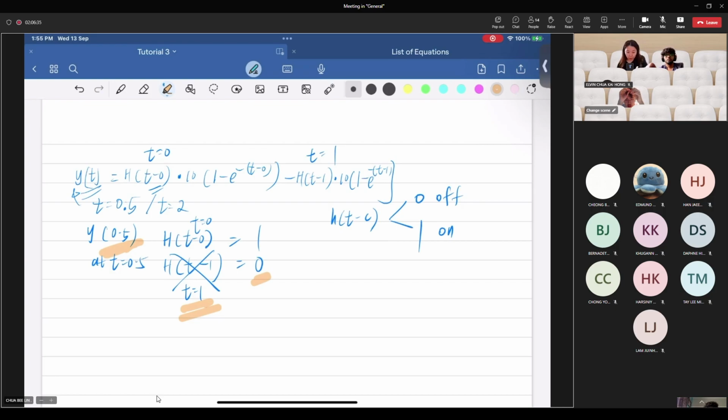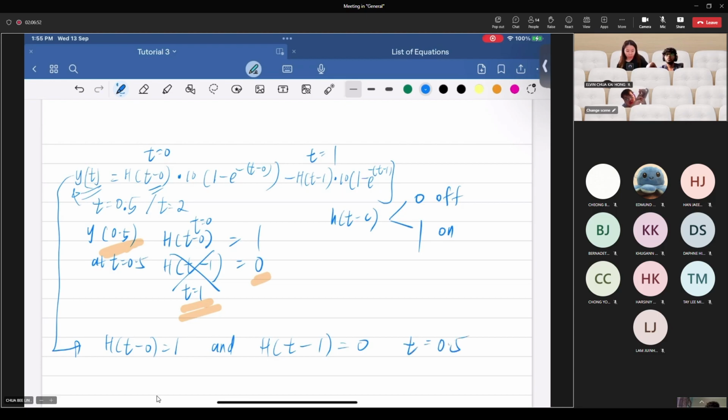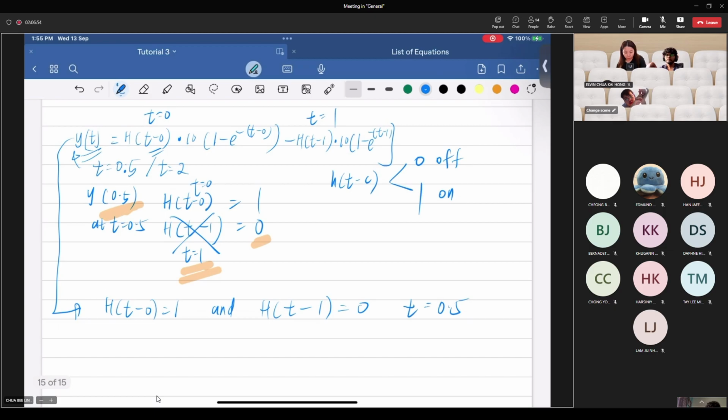So in this case, in the equation you have, you will sub h(t minus 0) equals 1 and h(t minus 1) equals 0 and t equals 0.5 into the equation.